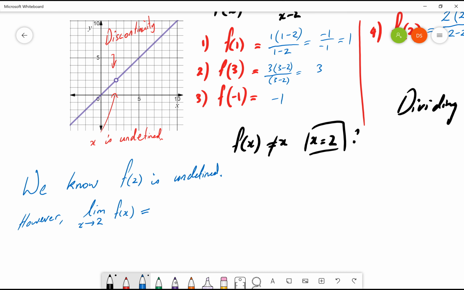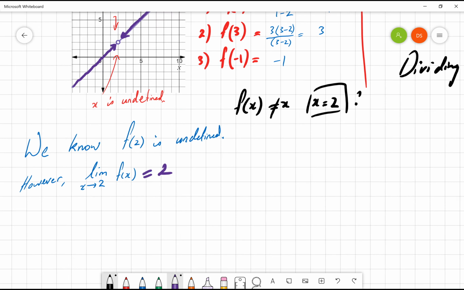As we get closer to 2 along the x-axis, as we get closer to 2, we're getting closer and closer to, what's the y value we're getting closer and closer to? The y value we're getting closer and closer to is 2.